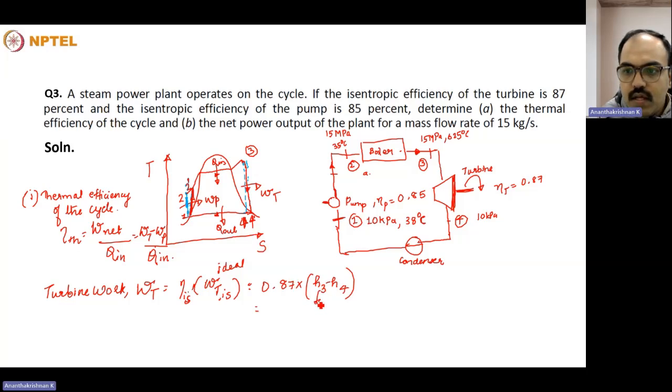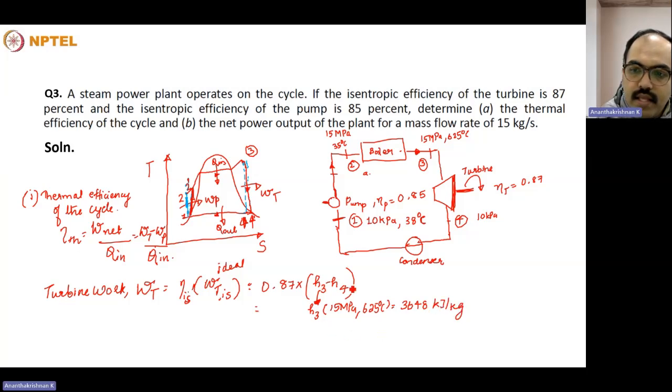So at the isentropic exit of the turbine, you'll get the enthalpy that will be H4. So H3 can be calculated at 15 megapascal and 625. You go to the steam table and, for the superheated steam, you'll get it around 3648 kilojoule per kilogram.